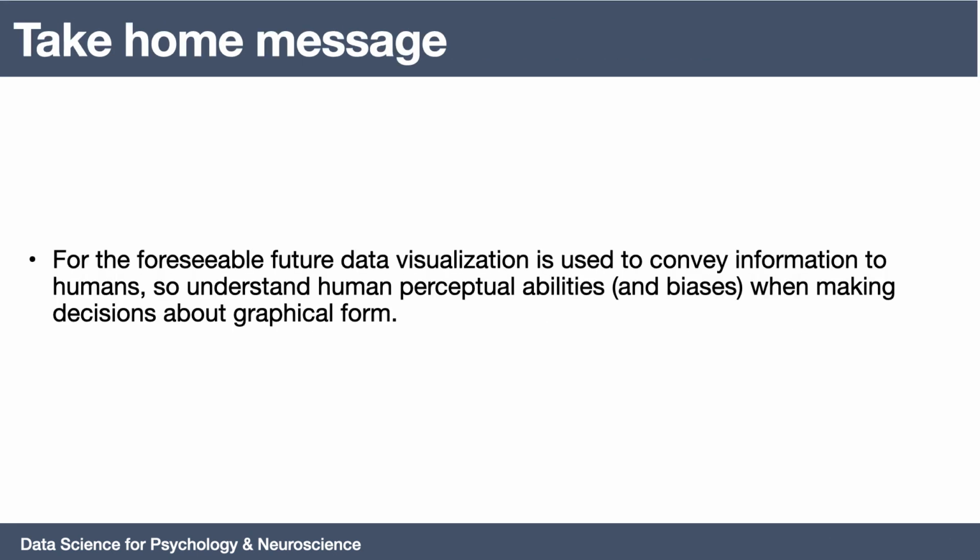So the overall take-home message from this lecture is that for the foreseeable future, data visualization is used to convey information to humans. So understand human perceptual abilities, i.e. these visual biases that we have, when making decisions about the graphical form of your data.